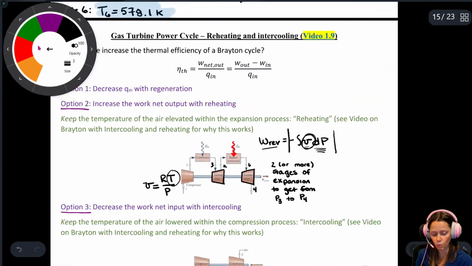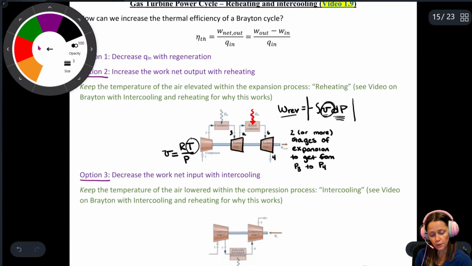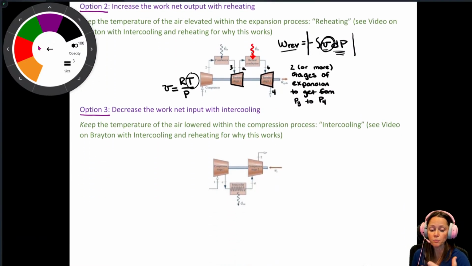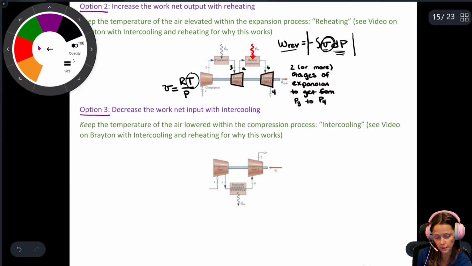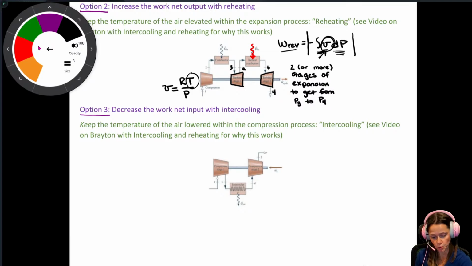So that's the idea of why that works. Conversely, if I keep the temperature low during the compression process, that's going to require less work, because it's going to decrease this specific volume during the entire compression process between two given pressures.